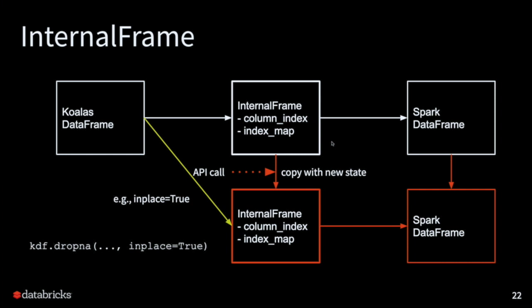In this case, Koalas doesn't return a new data frame, but updates the state itself. In any case, Koalas data frame never mutates the internal frame, but creates or copies the current internal frame to keep it immutable.